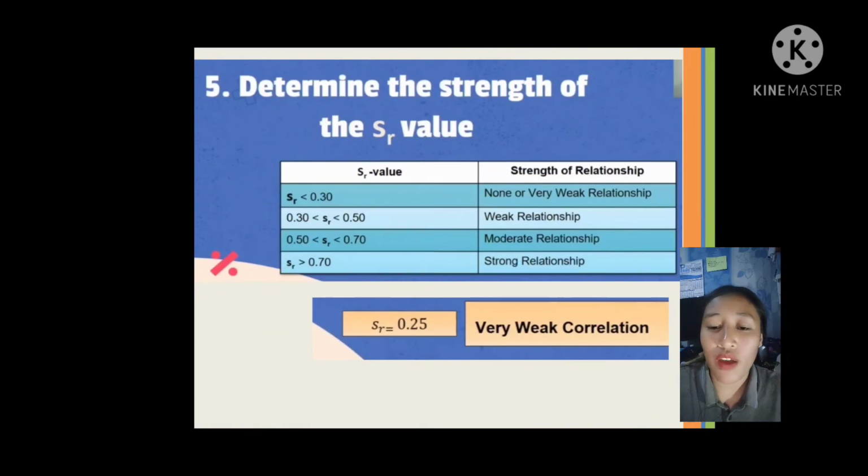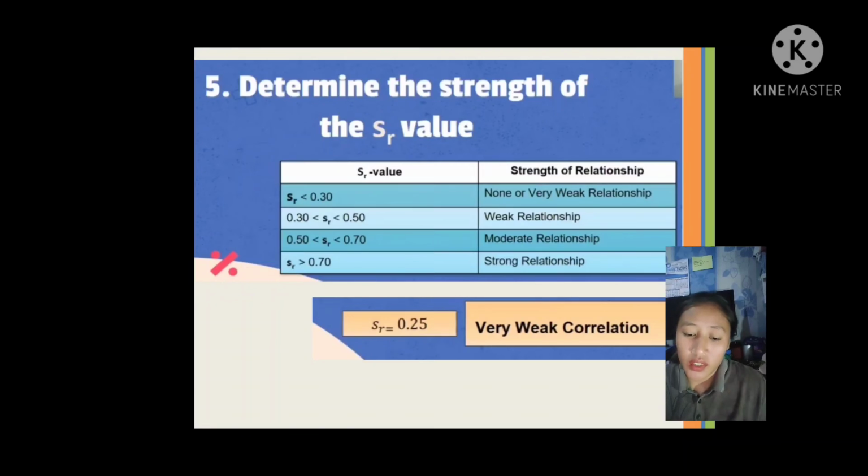So number 5, determine the strength of the SR value. If S sub R is less than 0.30, that means none or very weak relationship. When S sub R is greater than 0.30 but less than 0.50, meaning we have weak relationship.